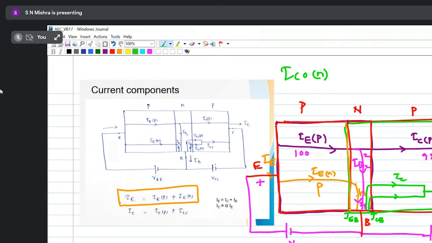So ICO due to electron, ICO due to hole, both combinedly I can say ICO. ICO is the leakage current because this is the minority current. So total IC equals the current due to holes which are coming from emitter to collector, plus another current component which is due to the minority current in the collector base junction. Is it clear?